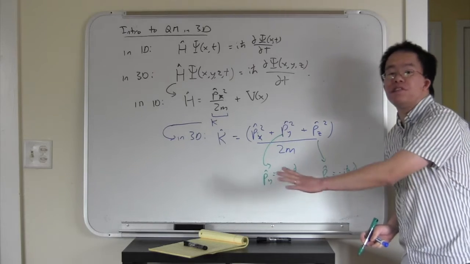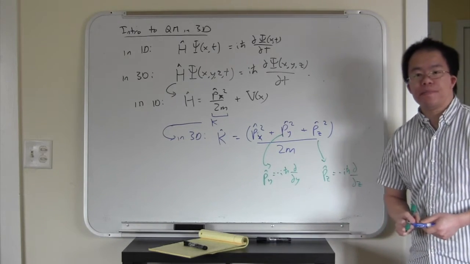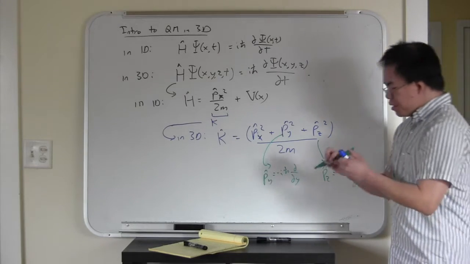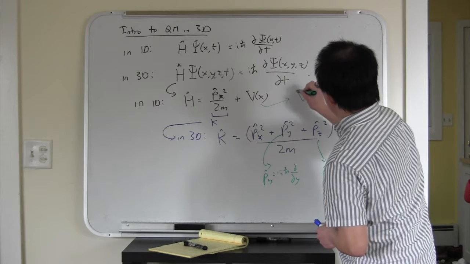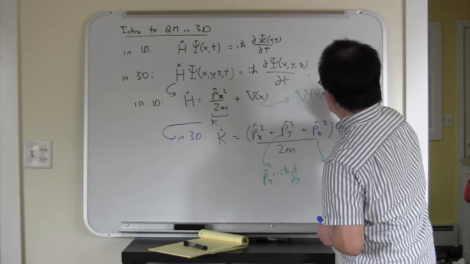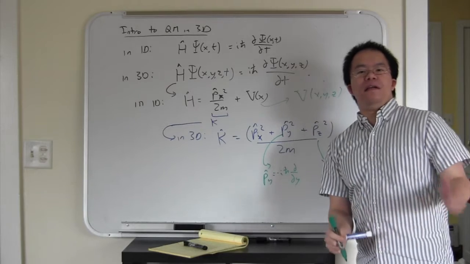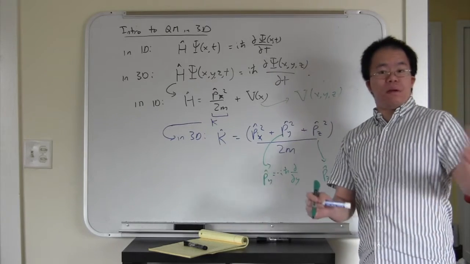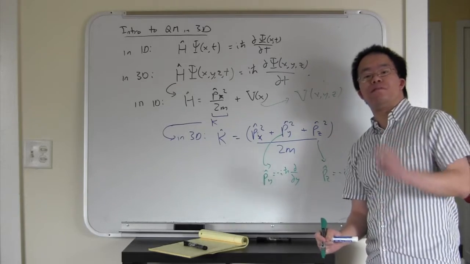Hopefully this is all at least believable based on what we did in 1D. The other thing that will change in 3D is that our potential energy is now going to depend on x, y, and z.